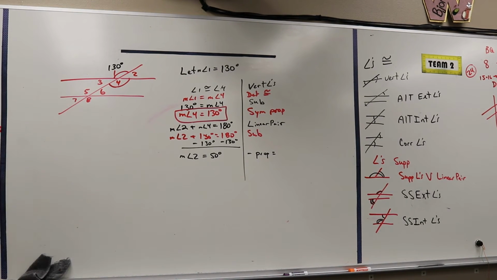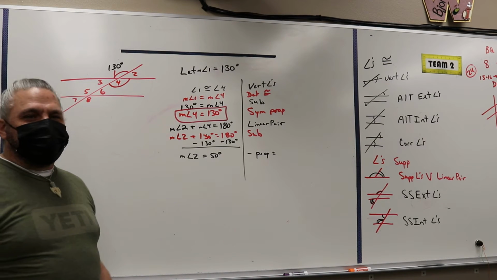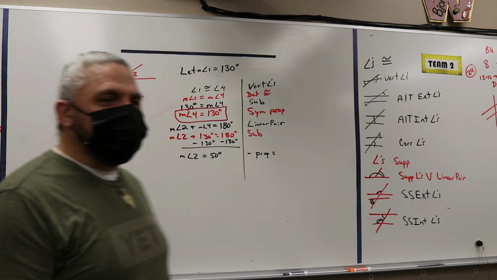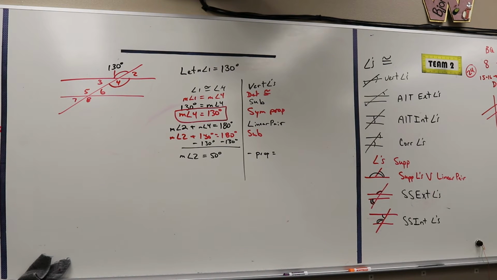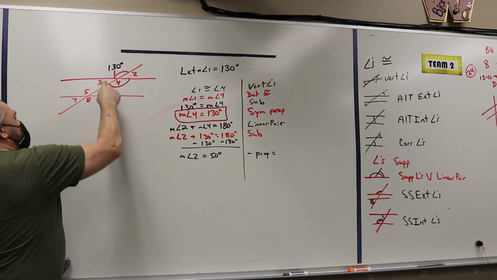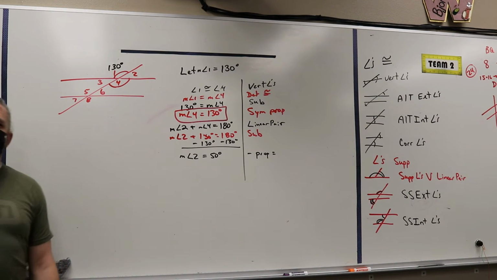How do we learn angle 3 without using vertical angles? Aren't they alternate interior? Close. We have to actually learn 6 first, and then we can do 3 with alternate interior.